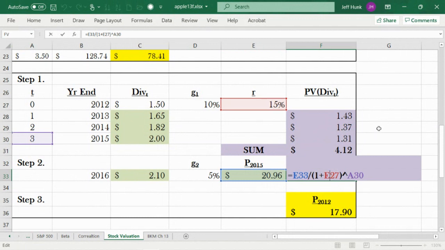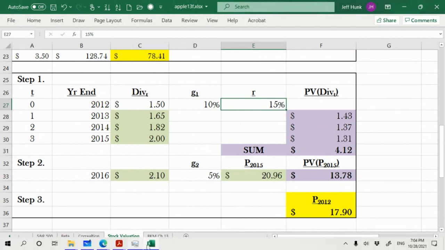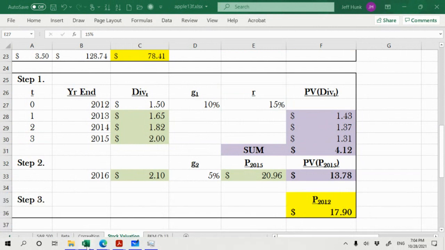Everything is pretty much the same, except that this is not just the required cost of equity. This is the weighted average cost of capital. So for you, no matter what I say, it may not ring any bell that much.